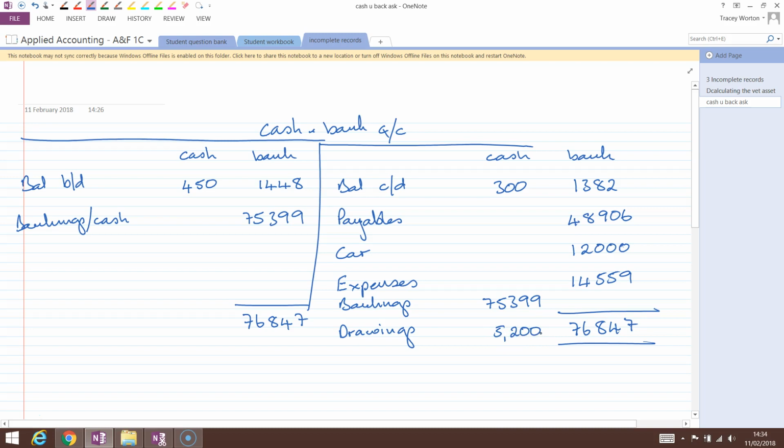And we're now in a position whereby we can actually balance off the cash total. So if we total again up the credit side, we find that we've got 80,899. Make the debit side also equal.